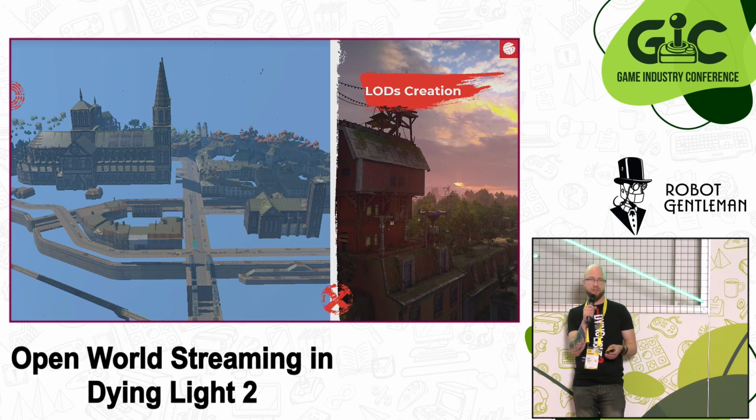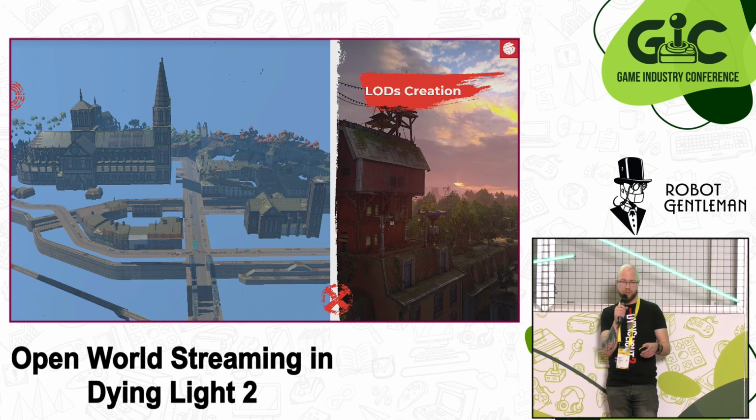It's like the horizon that's always visible. So these meshes had to be really lightweight. Then they also bake a low resolution texture on top of that, and it's imported back to the engine.